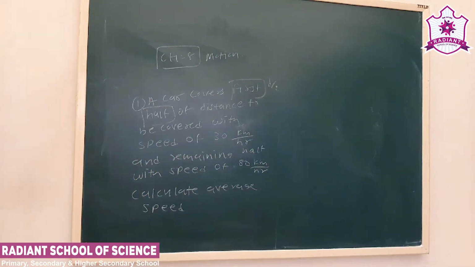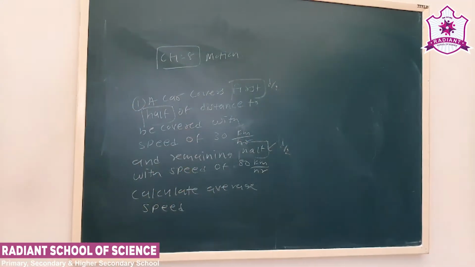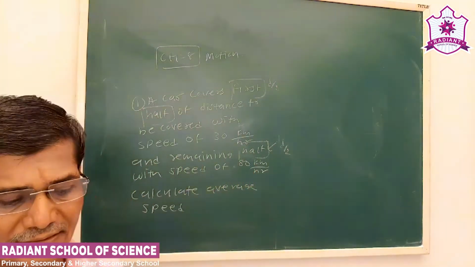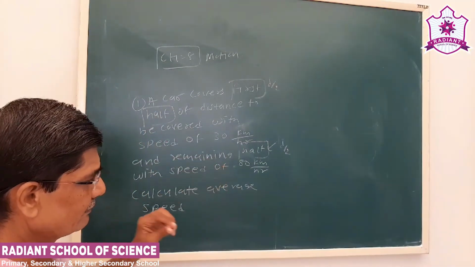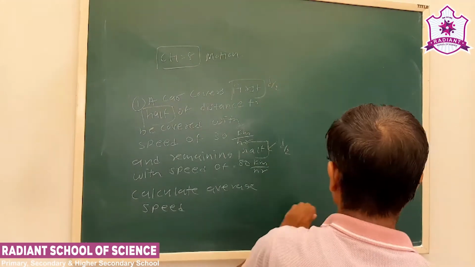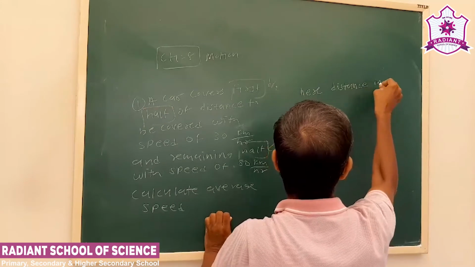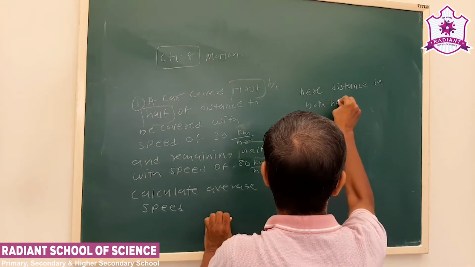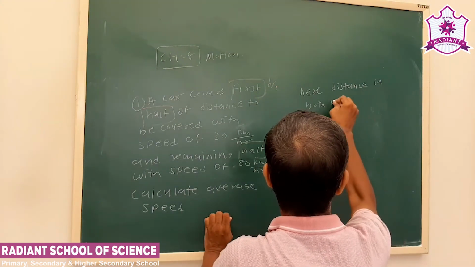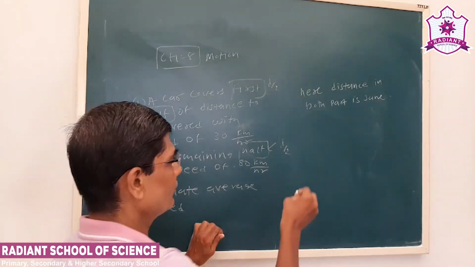Now see the first half, that is d by 2, and remaining half, distance d by 2. So which is the case here? Just now we have obtained that average speed is 2 v1 v2 upon v1 plus v2. Here there is d by 2, d by 2. So what is the formula?